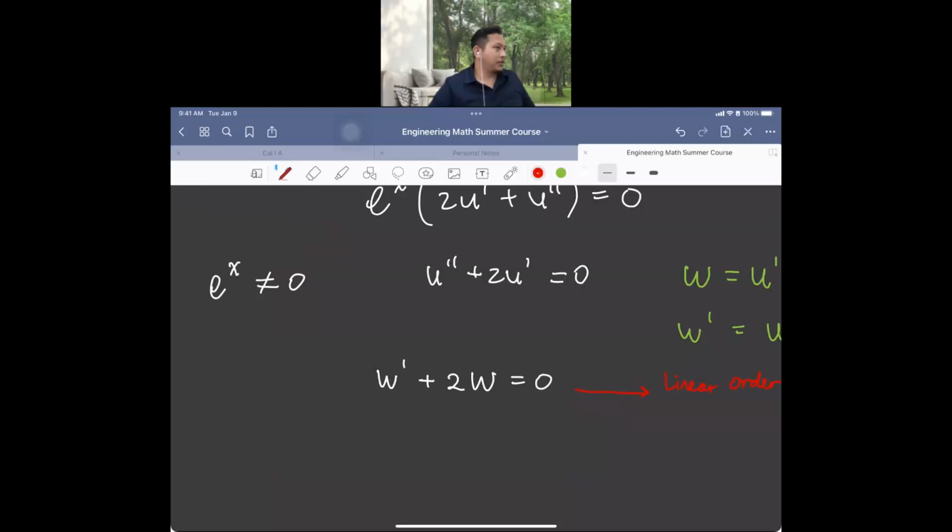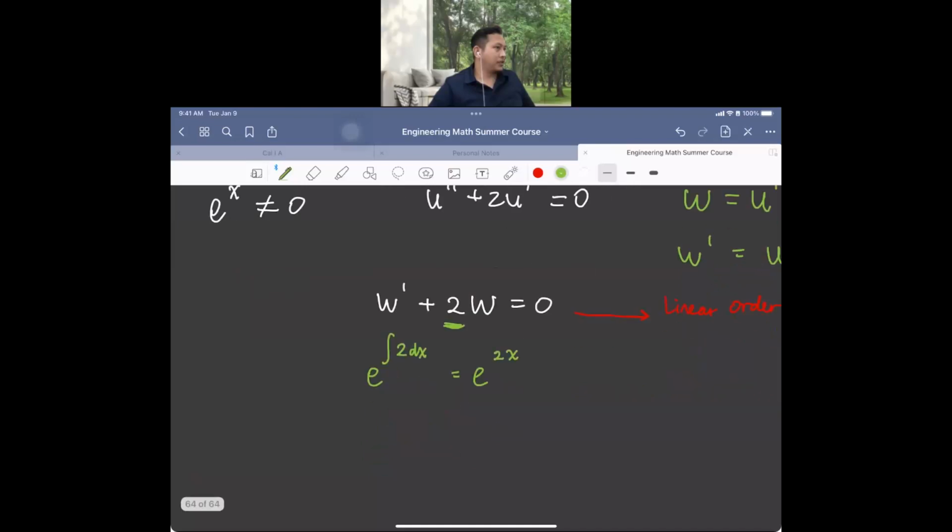right? So the integrating factor uses 2, so e to the power of the integral of 2 dx, so we have e to the power of 2x.